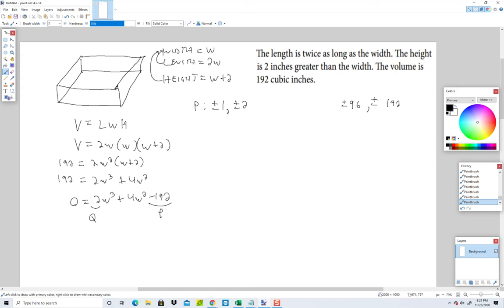Let me see. 3 times something. Why do I know 3? Well, 1 plus 9 is 10, plus 2 is 12.